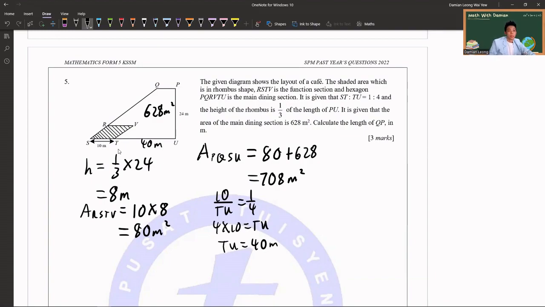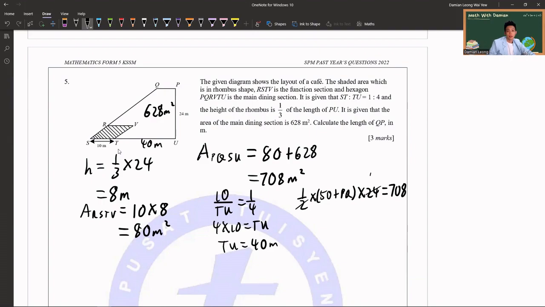So the area of the trapezium here is half times the sum of parallel sides, which will be 50 plus PQ, times height 24, equals the area that I found here, 708.